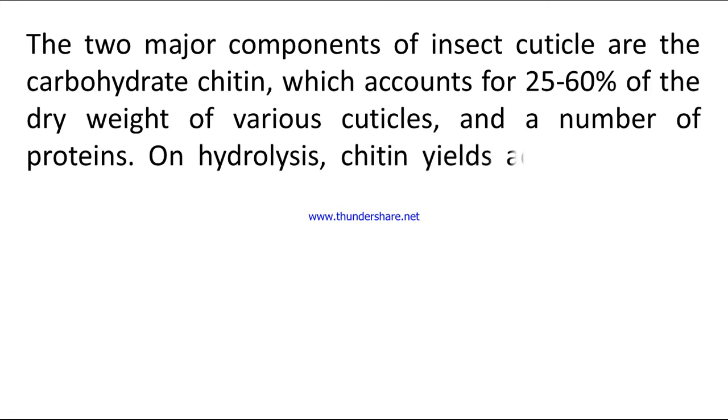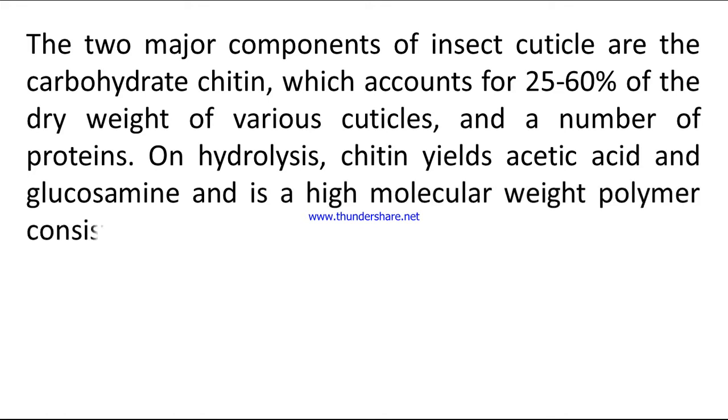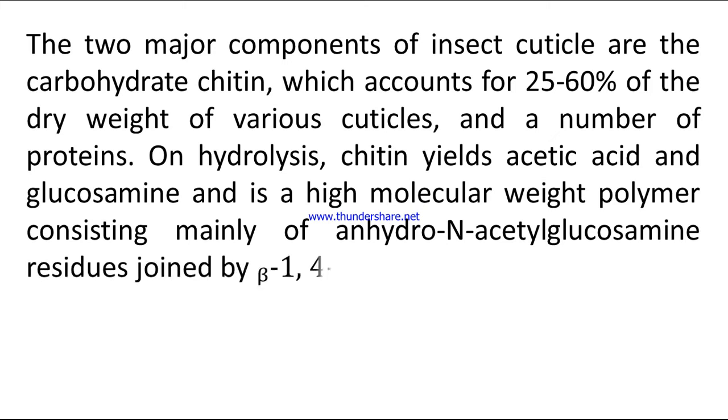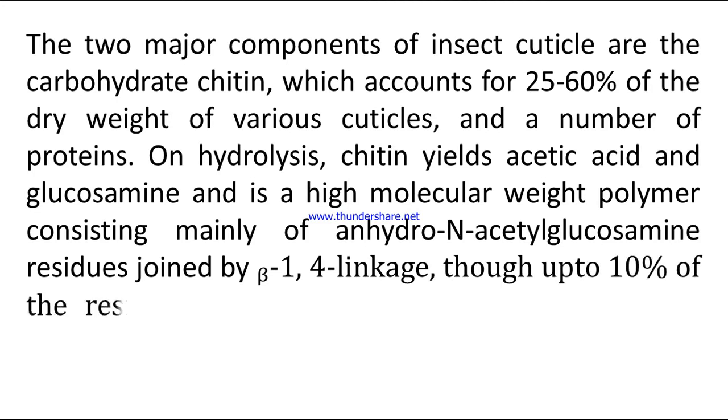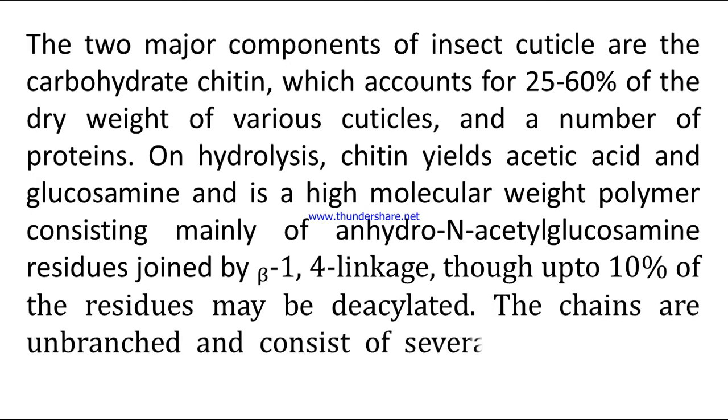On hydrolysis, chitin yields acetic acid and glucosamine and is a high molecular weight polymer consisting mainly of anhydro N-acetyl glucosamine residues joined by beta-1,4 linkage, though up to 10% of the residues may be deacylated.